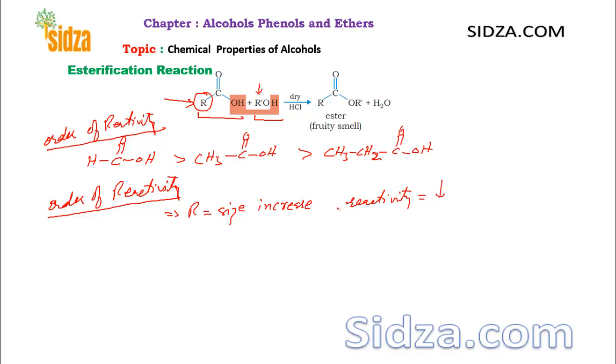So methanol will be the most reactive one because it has only one carbon atom, and then ethanol, CH3CH2OH, and then propanol, CH3CH2CH2OH. This is the order of reactivity of the different alcohols.